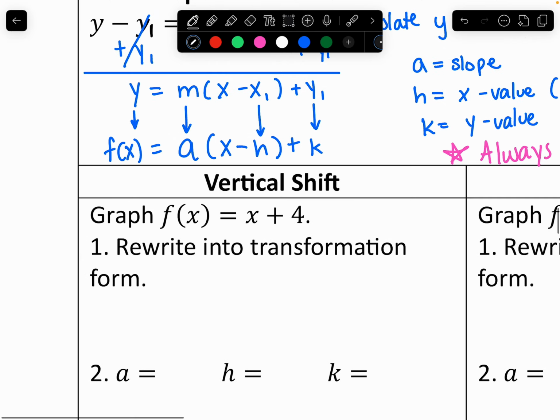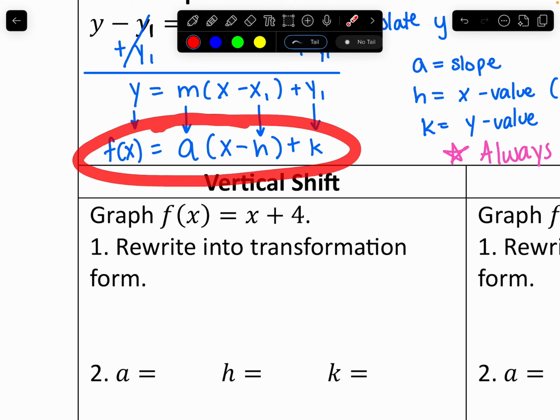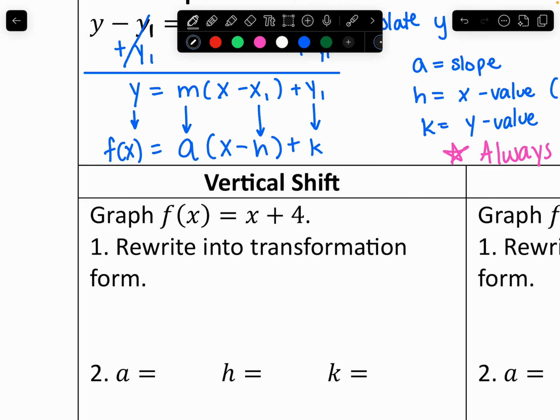So what do we see here? Let's look back at our equation. We have f of x, okay? We know that 1 is in front of x, so that's my a, right? So now we have 1, parentheses, x. Do we have an h? Do we have anything in hiding? I don't think so, so it's going to be minus 0.